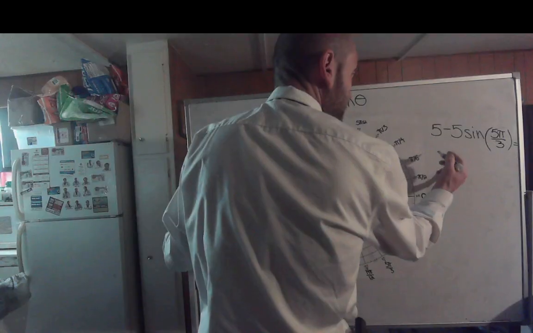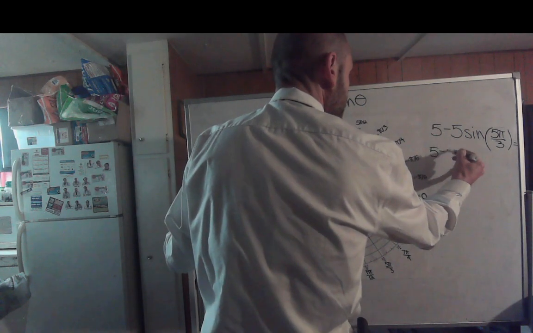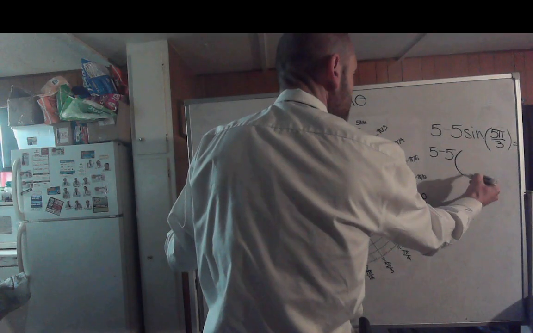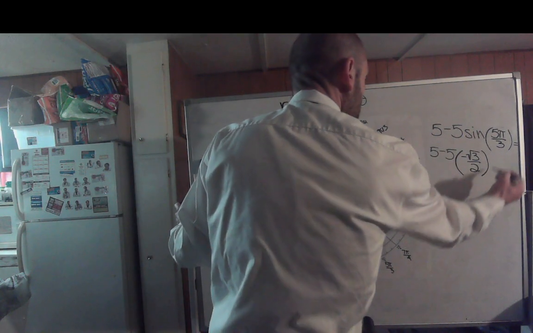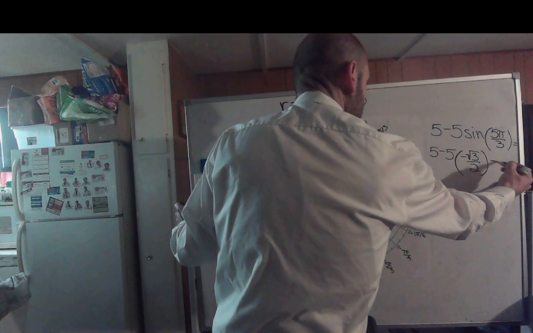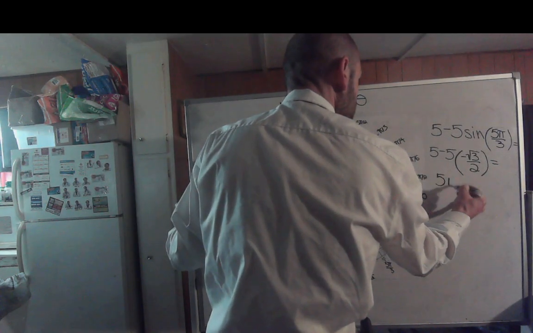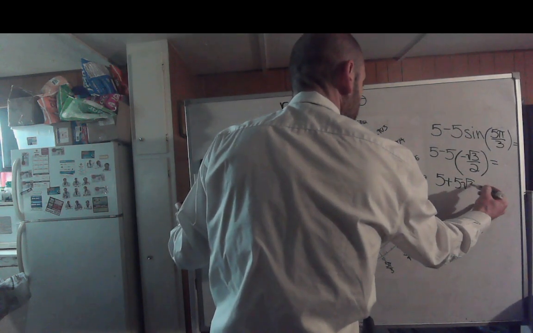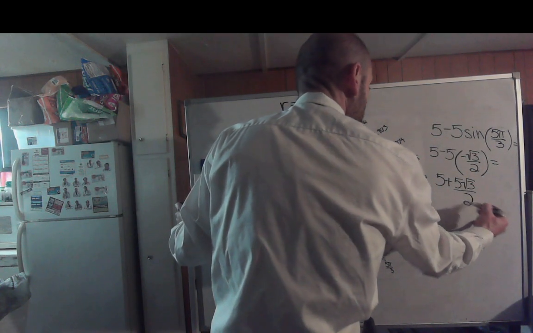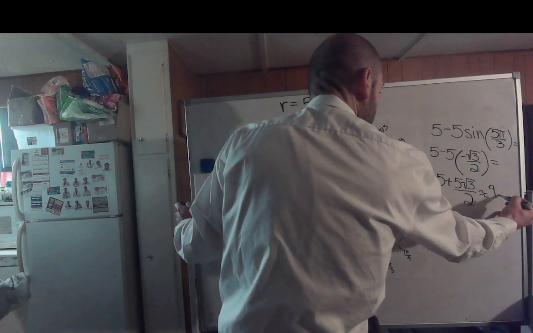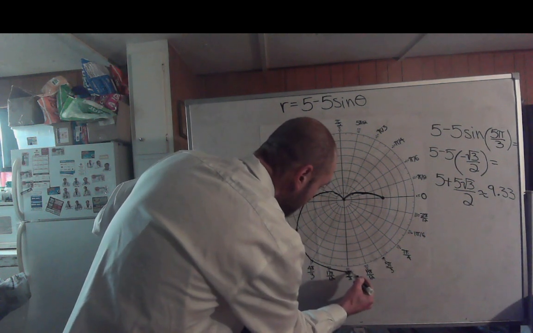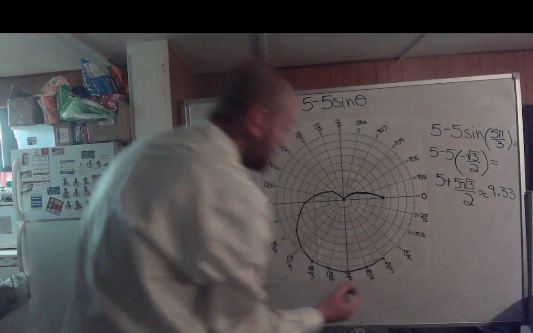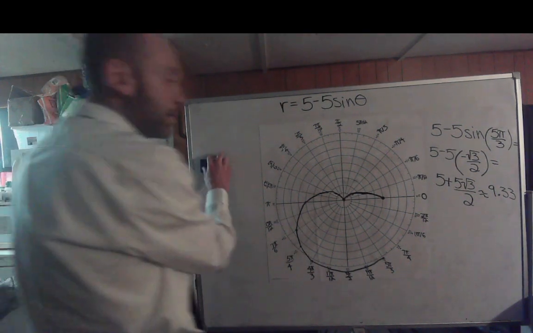Well, the sine of 5 pi over 3, this would put us at 5 minus 5 times negative square root of 3 over 2, which would put us at 5 plus 5 times the square root of 3 over 2, which was approximately equal to 9.33. So that's going to put us over here. Then we have 7 pi over 4.